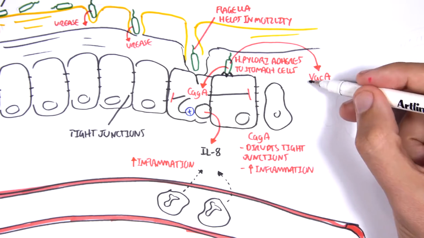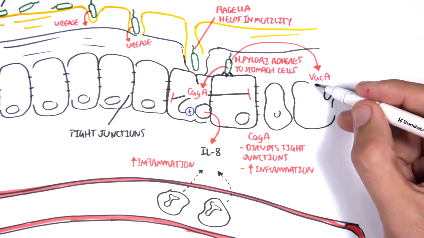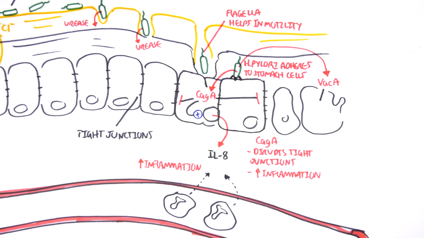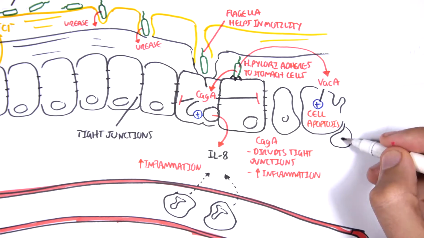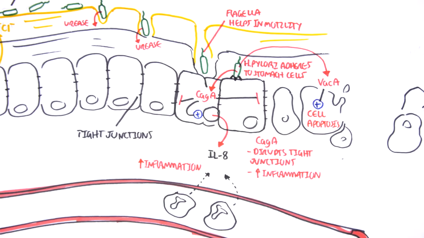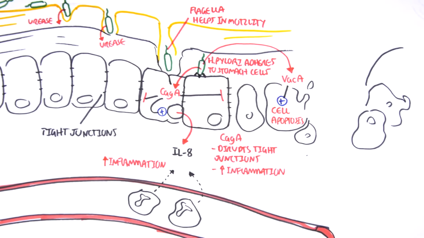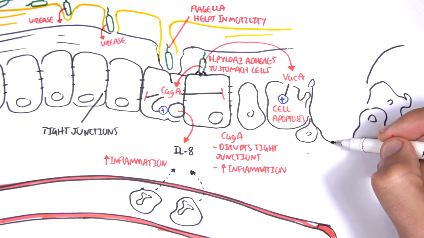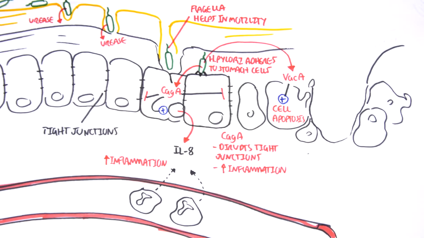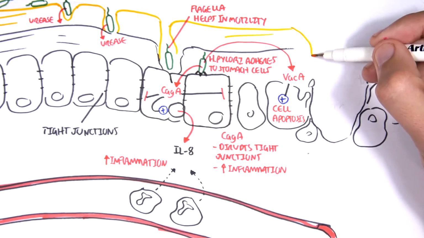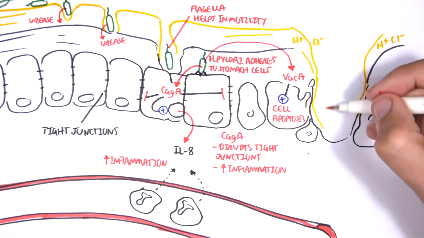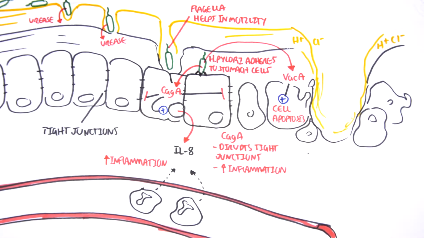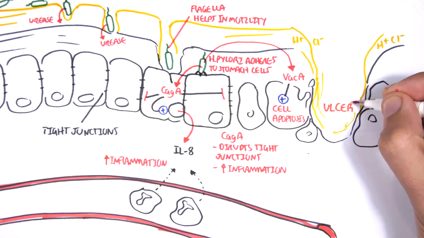Now we have VacA. VacA essentially induces apoptosis of the stomach cells. So the combination of CagA and VacA causes the breakage of the stomach cells. And this allows the hydrochloric acid layer and mucus layer on top to come in. And as the hydrochloric acid layer comes in, it will really damage and eat up the surrounding tissue.